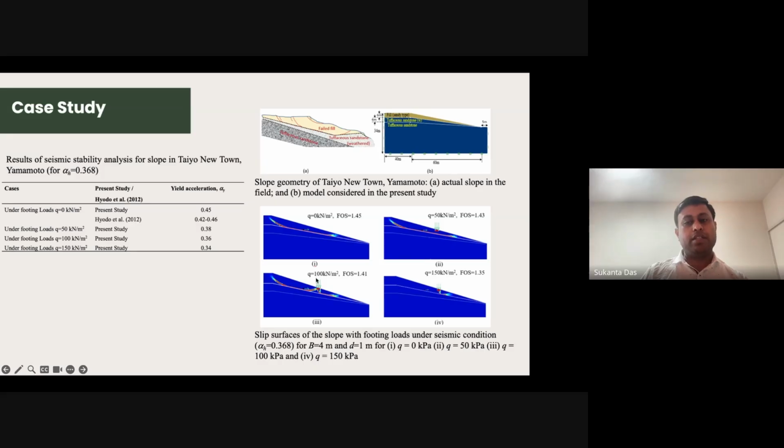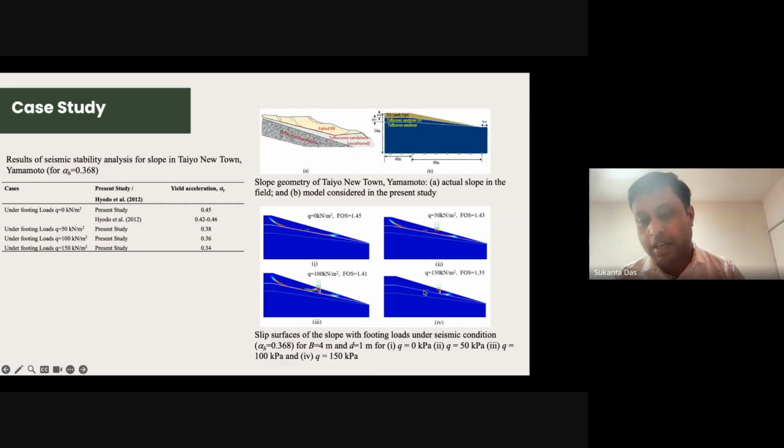But when you have increased to 100 kilonewton per meter square, though the factor of safety has not significantly changed, you can see that the failure mass, the slip surface, is getting divided. Now the influence of this load is coming into the picture.